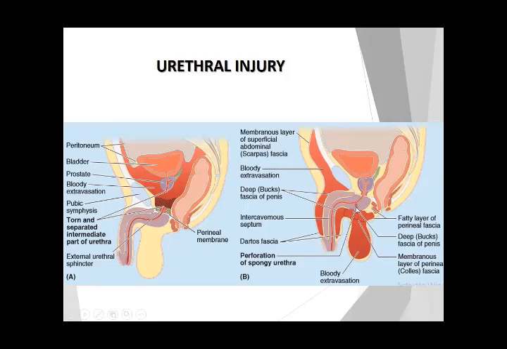In that case, urine from the urinary bladder will come out into the superficial space, the superficial perineal pouch.